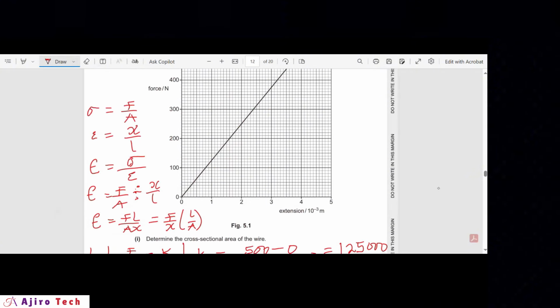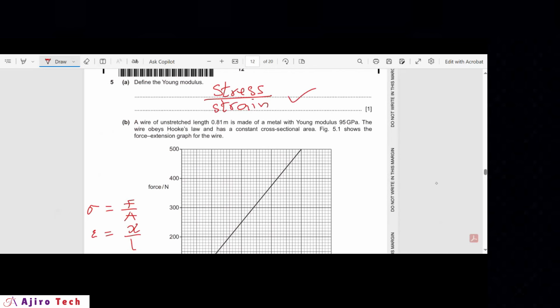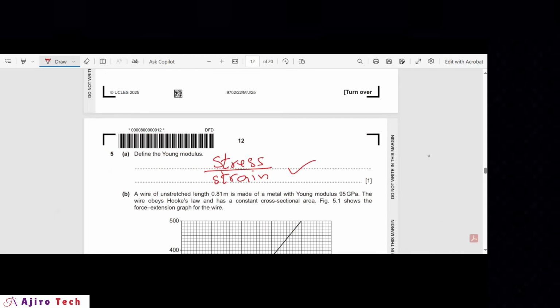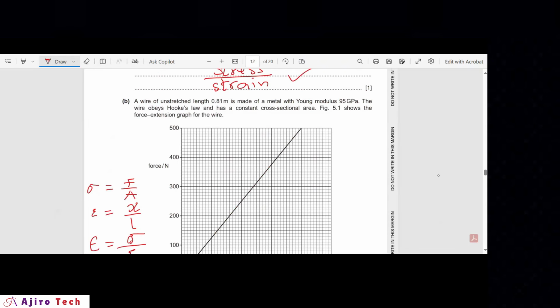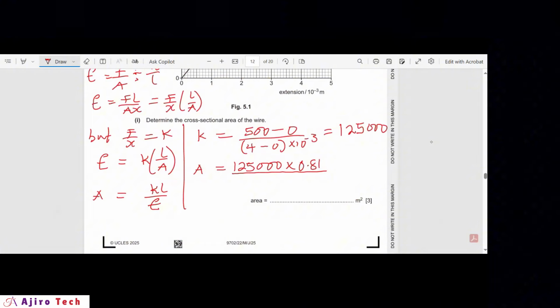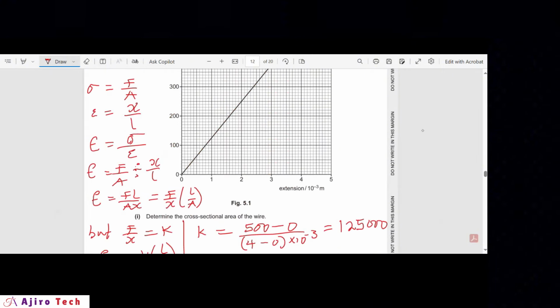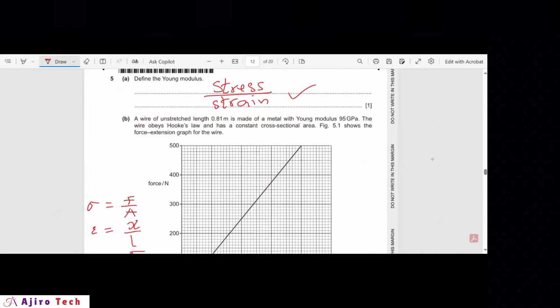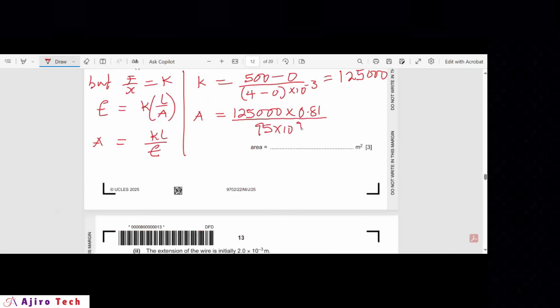The original length given is 0.81. Young's modulus is 95 giga, so 95 times 10 to the 9.